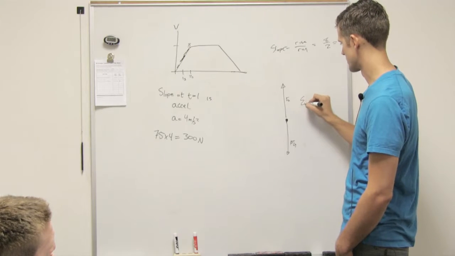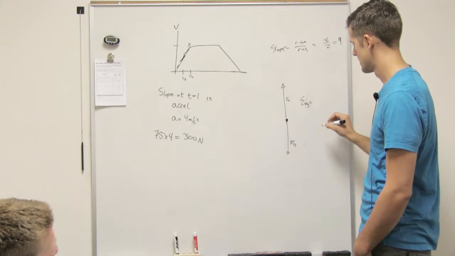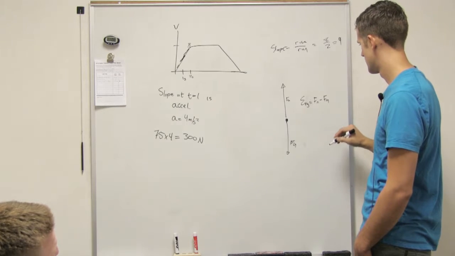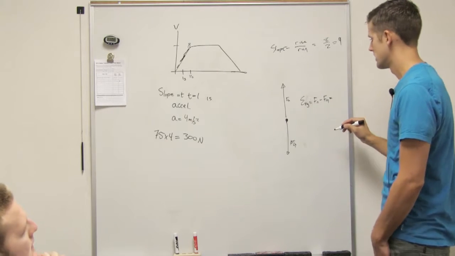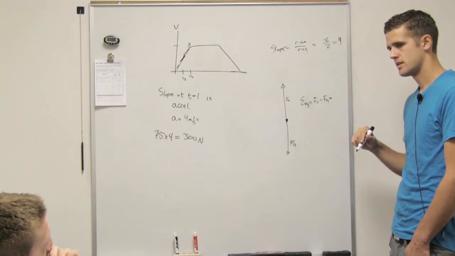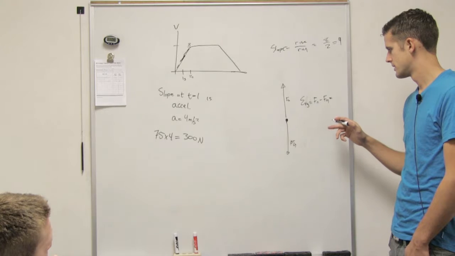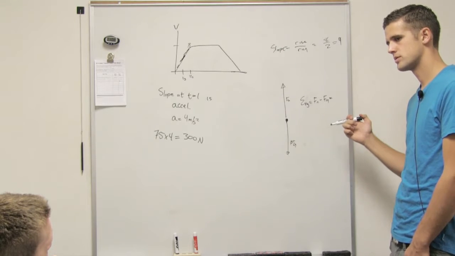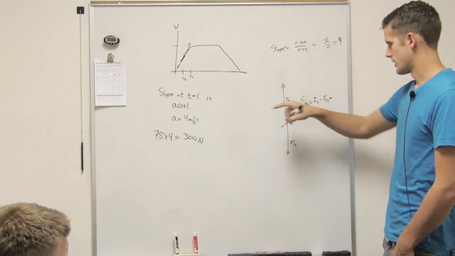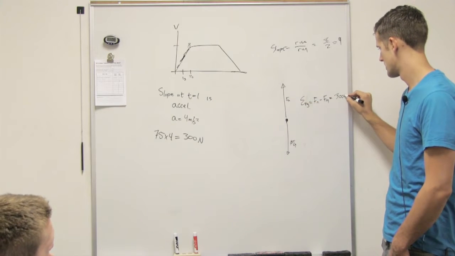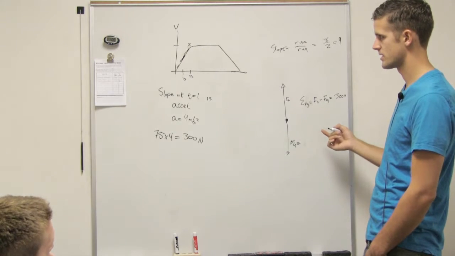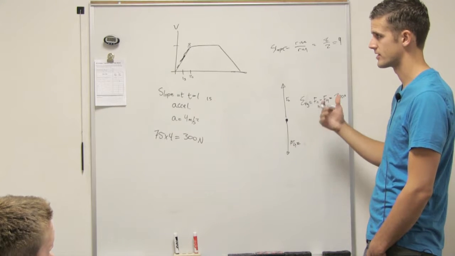What if we sum the forces in the y? You'd have normal force minus gravity, and this time it's not equal to 0, this time it's equal to force equals ma, mass times acceleration, which we found over there. So this is 300. Well, what's the force of gravity on somebody with a 75 kilogram mass?